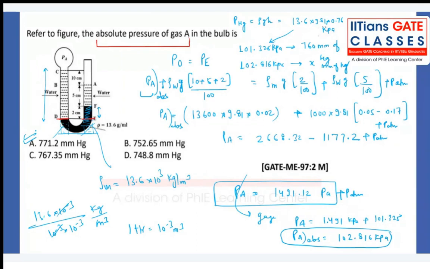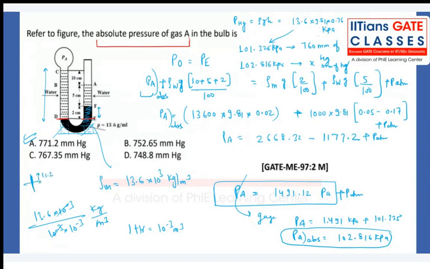If they would have asked you the value of gauge pressure, then what would you be writing? Tell me, guys, what should be the value in terms of mm of Hg? 11.2. Correct. So 11.2 is the gauge pressure.